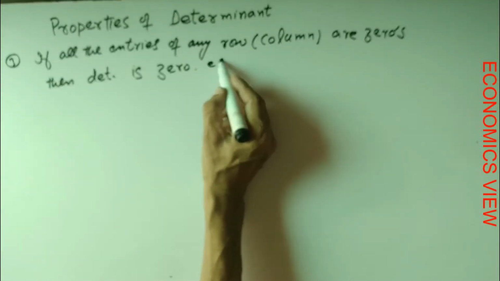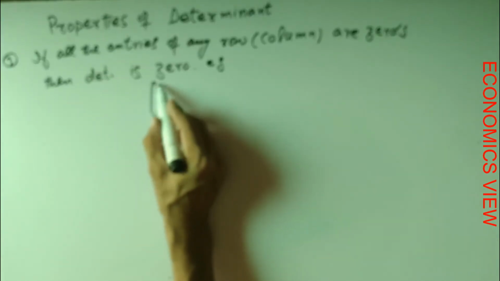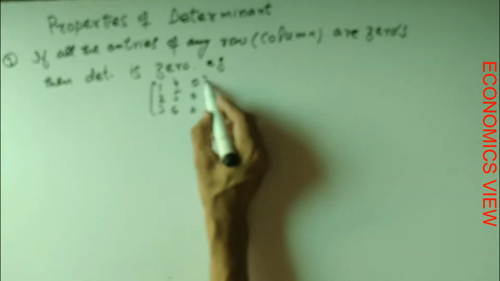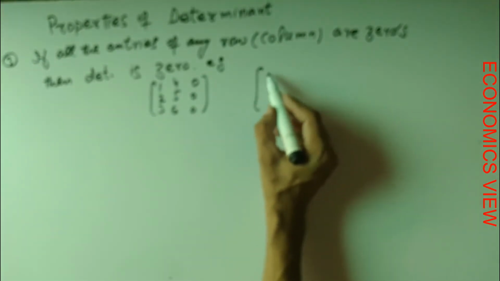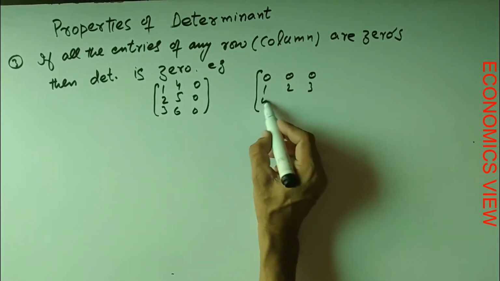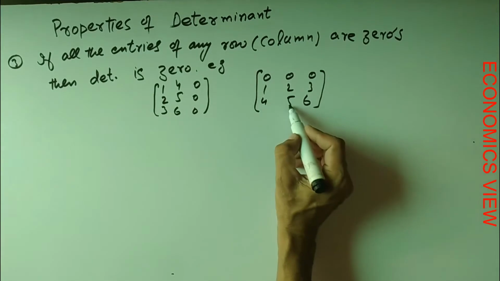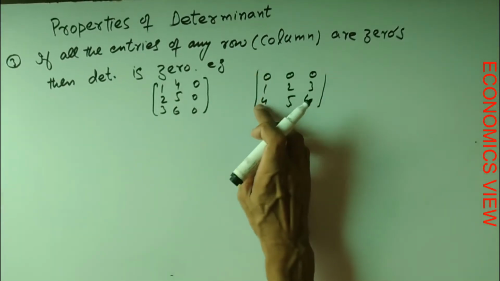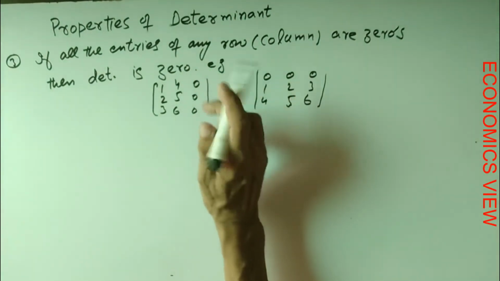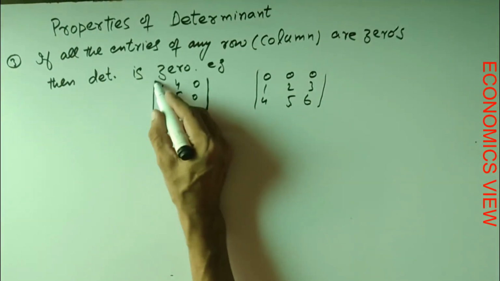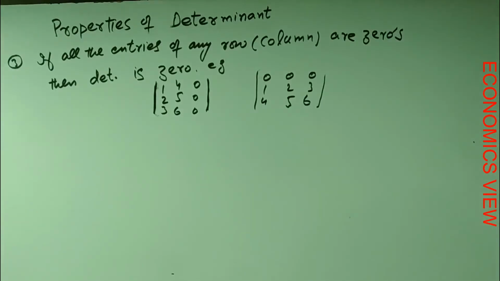For example, I can say that is 1 2 3 4 5 6 and 0 0 0. And in a second example, I can say that is 0 0 0 1 2 3 4 5 6. So if we take the determinant, not the matrices, that is a determinant. So the determinant will be 0.